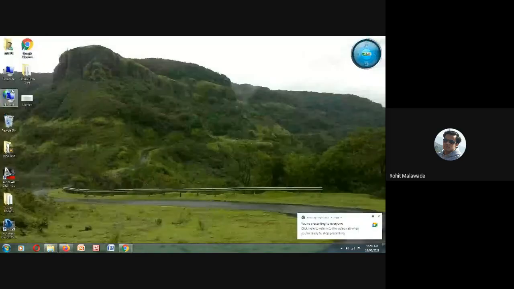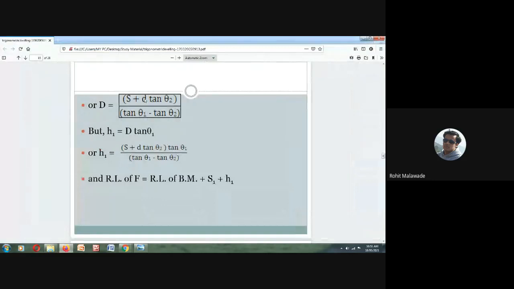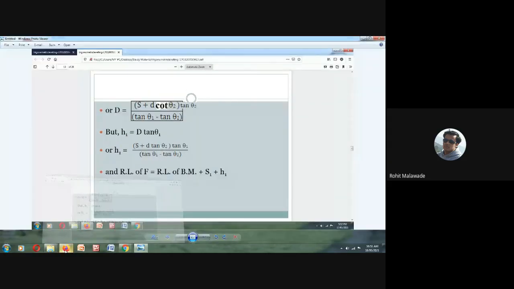D is equal to S plus d cot theta 2 into tan theta 2, divided by tan theta 1 minus tan theta 2. So this is the formula that we are going to use. If we want to measure the distance d, we will be using S plus d cot theta 2 into tan theta 2 divided by tan theta 1 minus tan theta 2. You need to remember this particular formula in order to solve the problem.